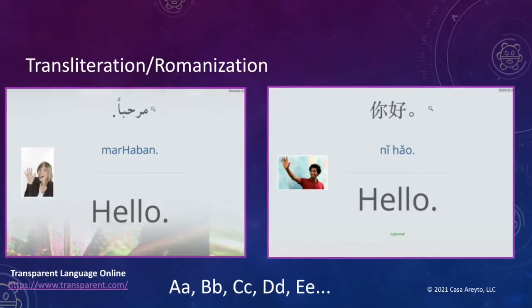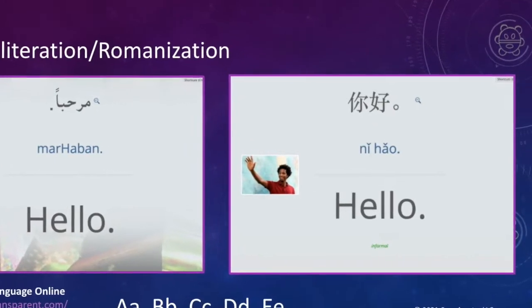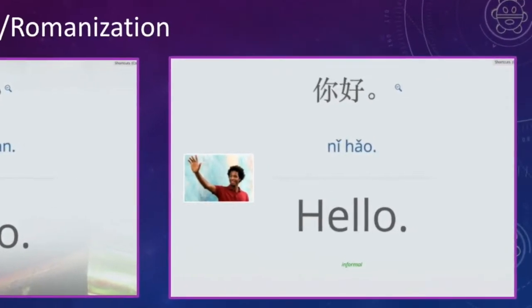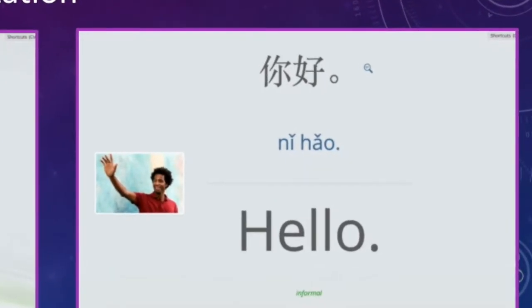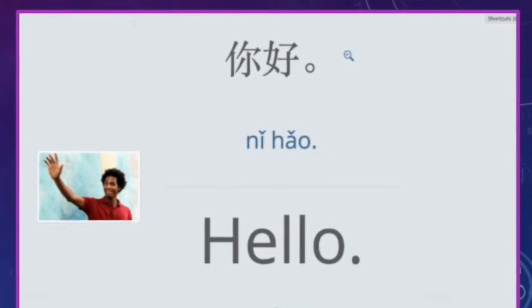I don't need to know what each of the Arabic script letters is, although I did study the alphabet, so I know a couple of these. The same thing goes for the Mandarin Chinese. I know that hello is ni hao, because the transliteration or romanization shows me which characters correspond to my ABCs.